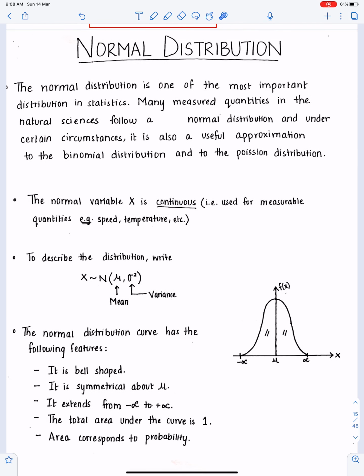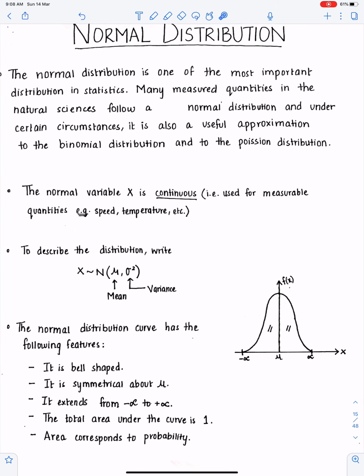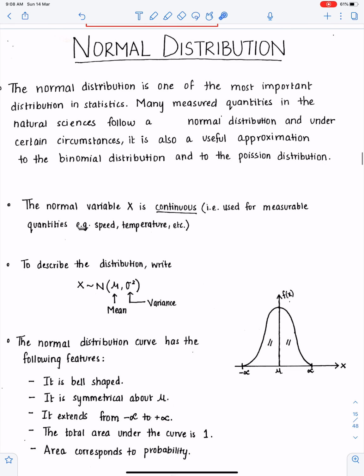Let's start the normal distribution. We have learned how to use the table for phi and phi inverse. The normal distribution is one of the most important distributions in statistics.